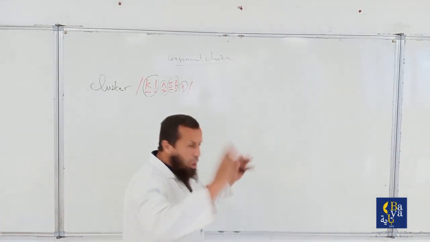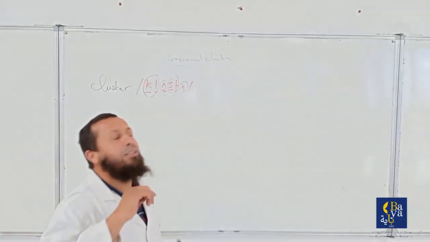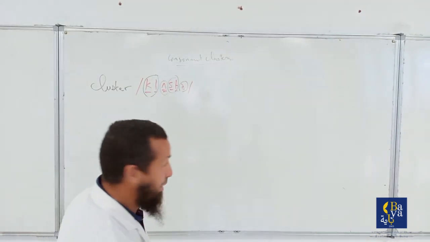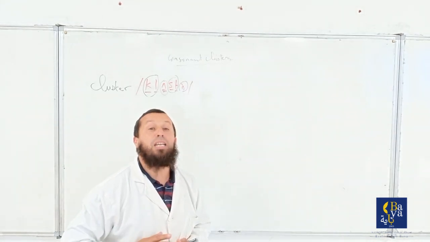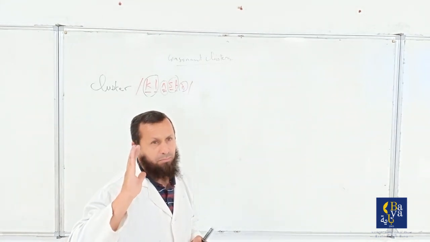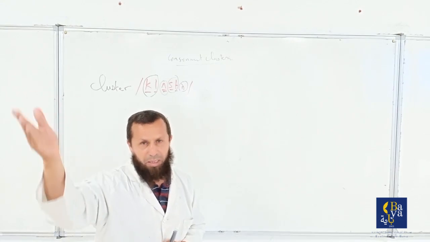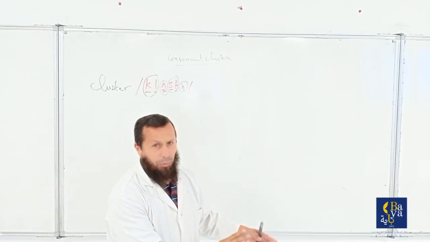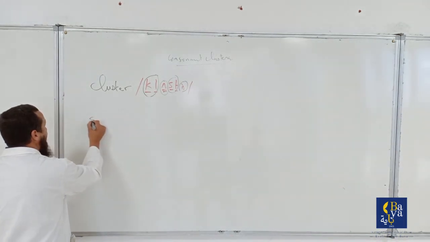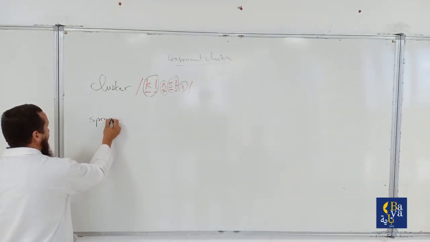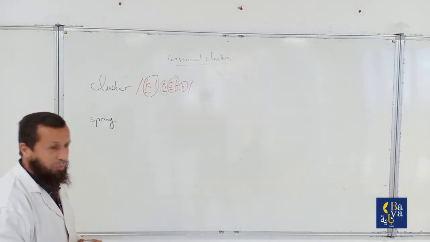The longest consonant cluster at the beginning of the word in English is 3. We cannot find more than 3 at the beginning of the word in English. For example, spray.